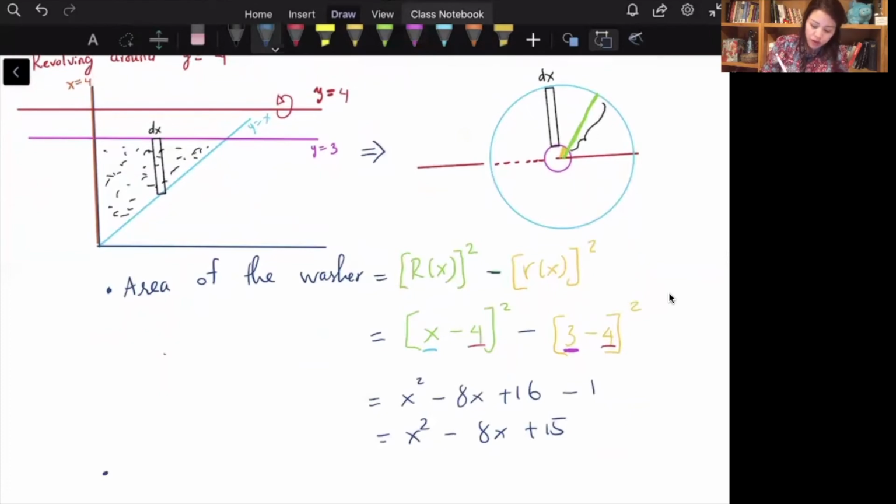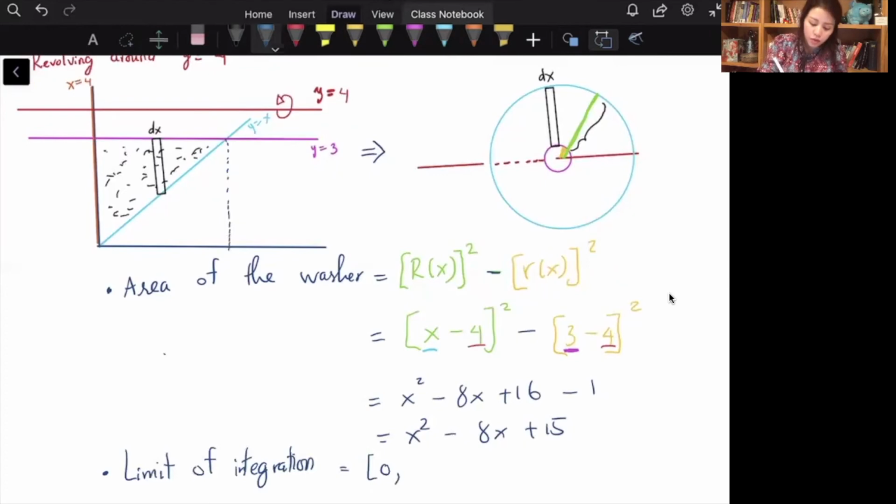The limit of integration is, let's see, it's going to be from 0 to where? To here, right? That's where the functions y equals 3 and y equals x meet.